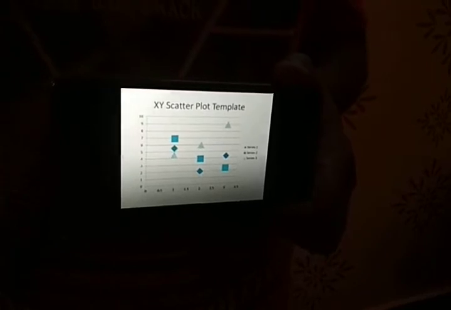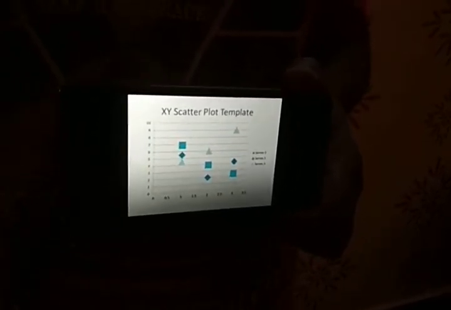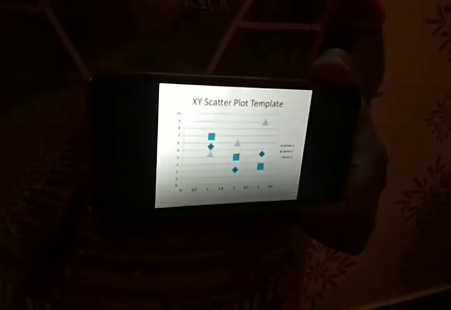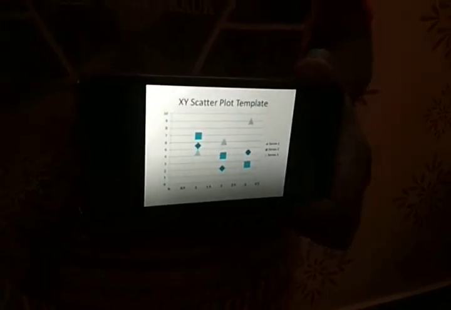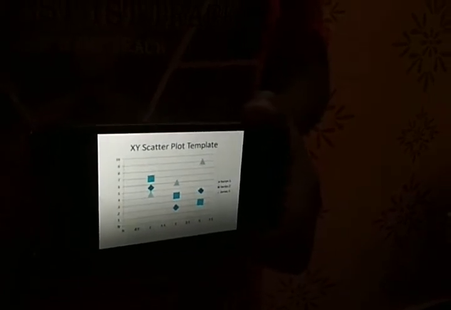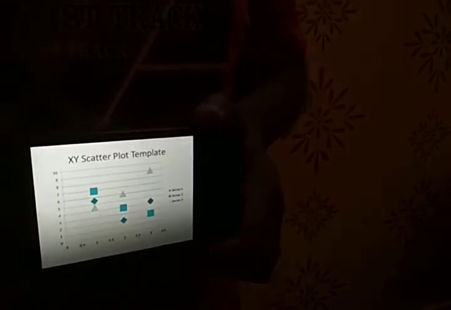The values of y depend on the values of x. Both x values and y values represent a point, and by this point we represent the data in the XY chart. For different data series, we use different symbols to represent in the chart. So this is the XY or scatter chart.